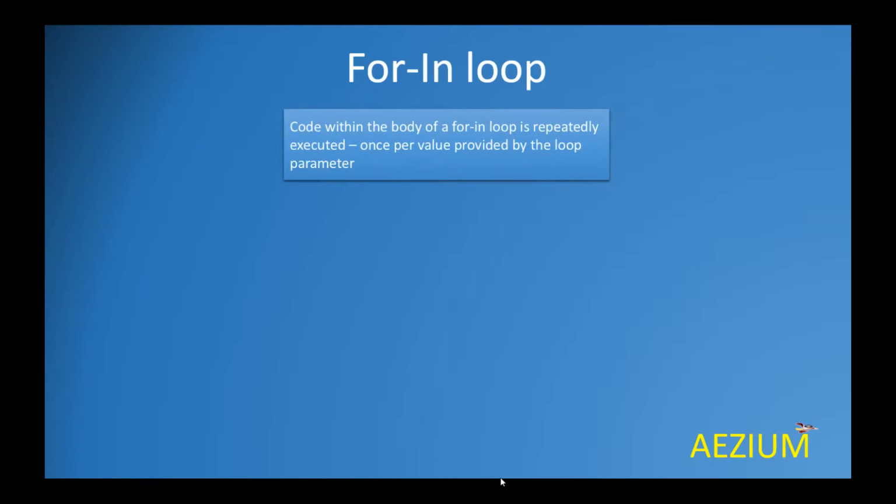Let's start with the for-in loop. As I mentioned earlier, with for-in loop, the code which is confined within the body of the for-in loop is repeatedly executed, and the number of executions depends on the number of values which are provided by a loop parameter.